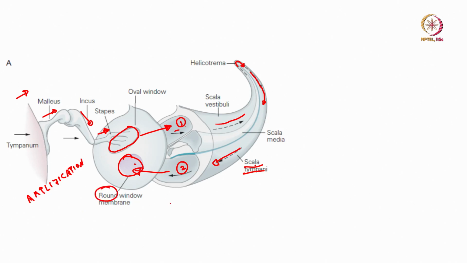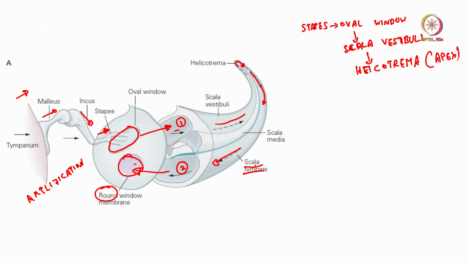So, if we map the pathway, the steps are: oval window, to Scala vestibuli, goes across the helicotrema, which is the apex of the cochlea.